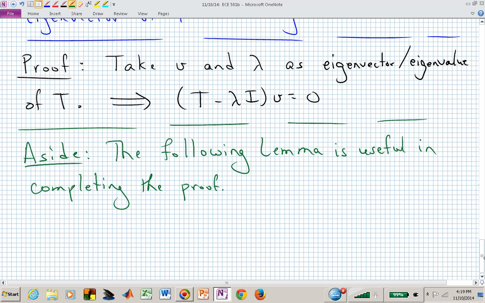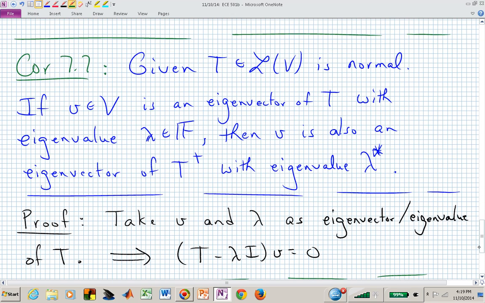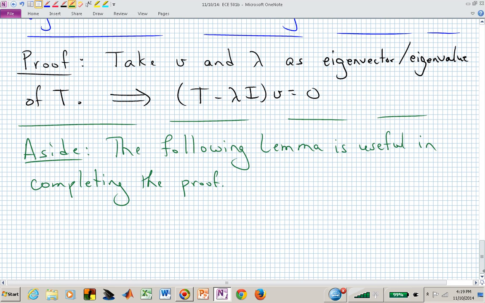What we were trying to do was show this relationship between T and its adjoint and the eigenvectors and the eigenvalues. Before we get too far into that, let's look at the following lemma, which is a property of this operator T minus lambda I.